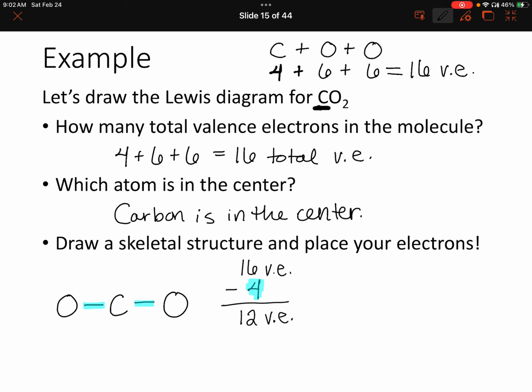So usually molecules like to be symmetrical. So what I'll do is I'll divide that in half, and I'm going to give 6 electrons to the oxygen on the left and 6 electrons to the oxygen on the right. So I'm going to draw those as lone pairs or non-bonding pairs.